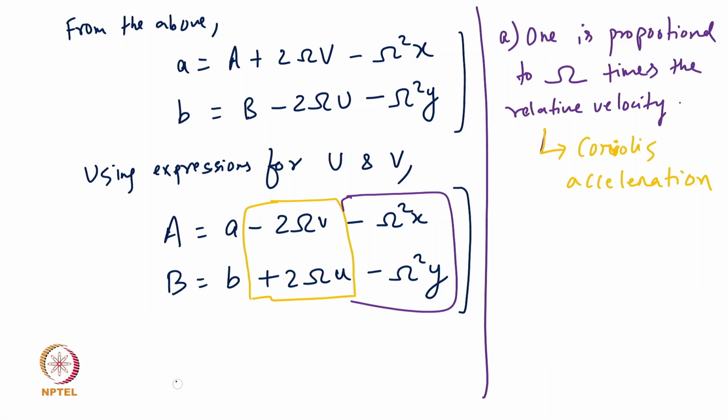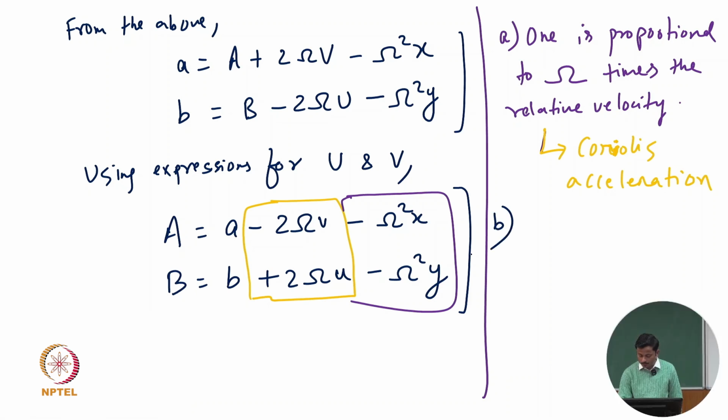This is named after Gaspard Gustave de Coriolis, who was a French mathematician, engineer and scientist who played a pioneering role in formulating the motion in a rotating frame of reference.